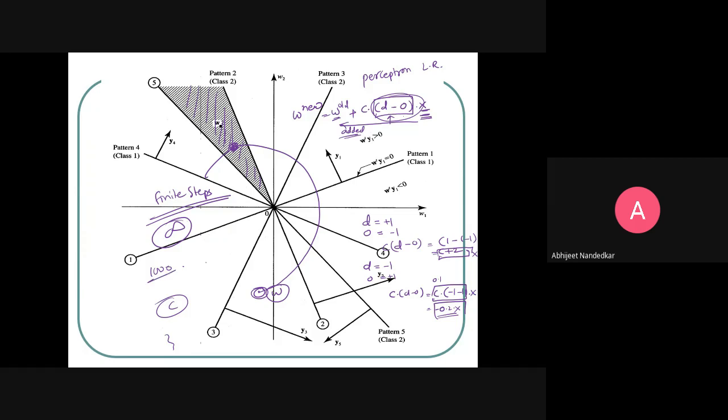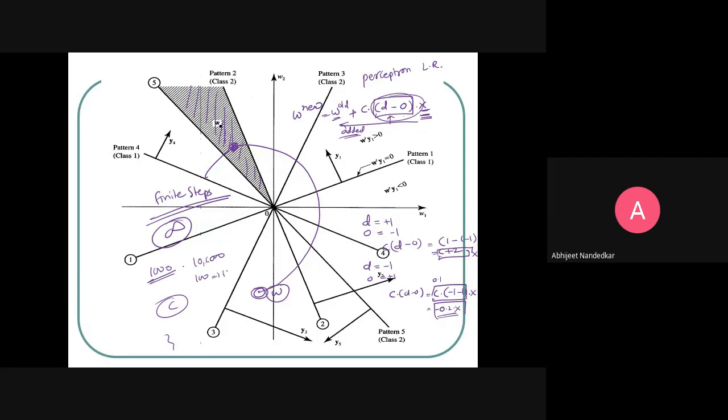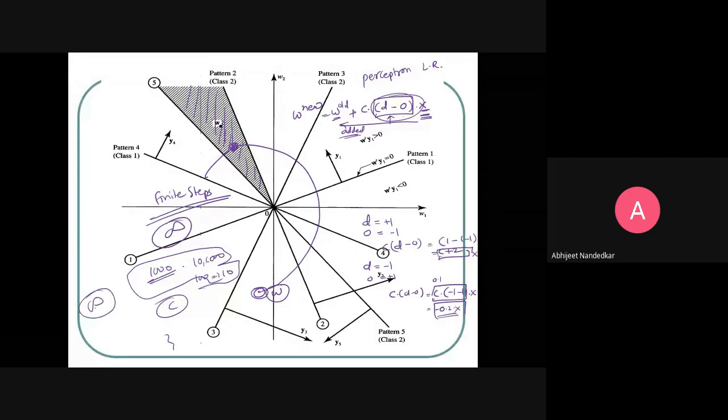It may take 1,000 steps, it may take 10,000 steps, it may take say 100 steps, or it may take 10 steps, whatever it may be, but it will never be infinite. So that is what is ensured by Perceptron Convergence theorem. So this is very important theorem as far as programming is concerned.